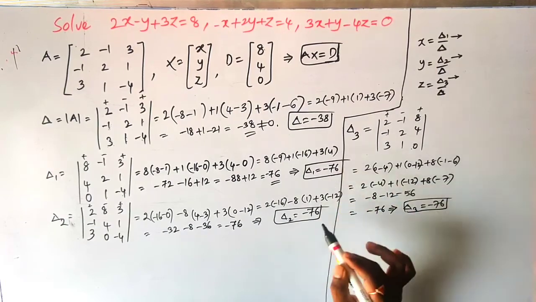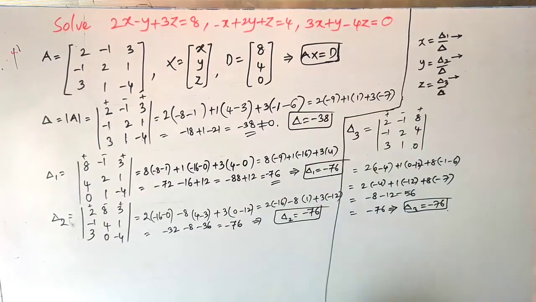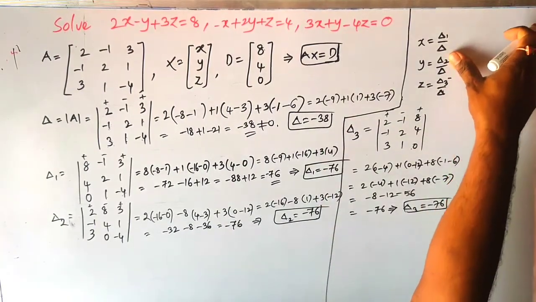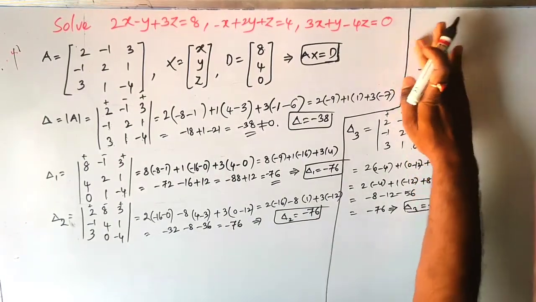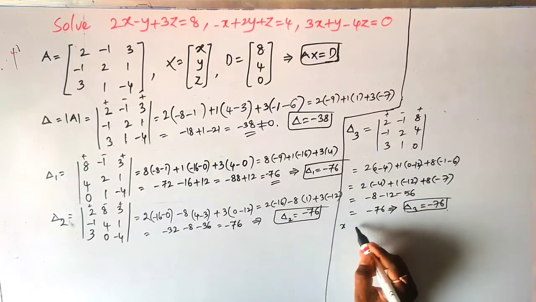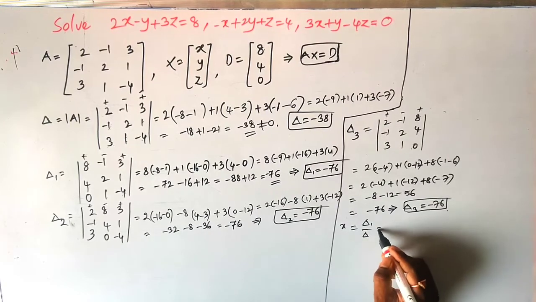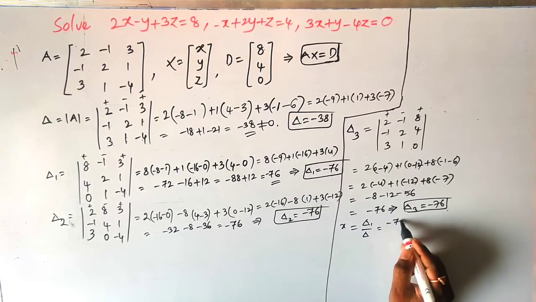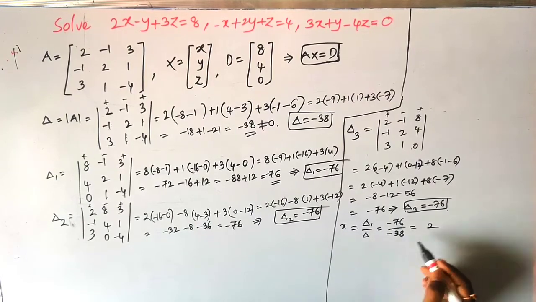So delta 1 is minus 76, delta 2 minus 76, delta 3 also minus 76. Delta value minus 38. Now we write here, what is x? X equals delta 1 by delta, that equals minus 76 by minus 38. So we get here 2.